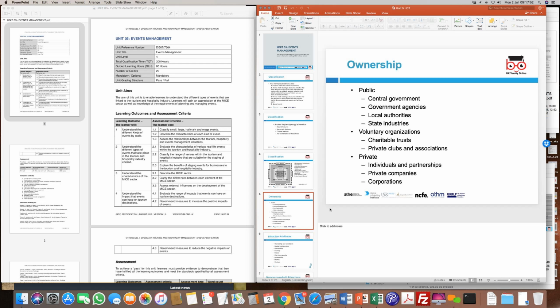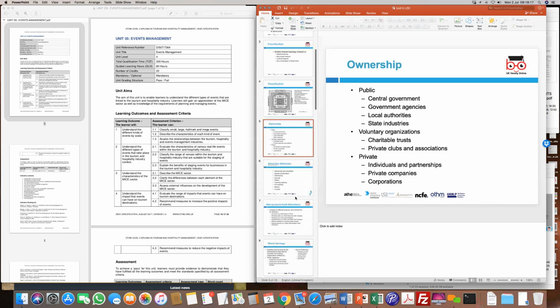Now, when you get private ownership, some of these are man-made structures created primarily for cultural and leisure purposes. And here, in some cases, if it's a large investment, it could be partnerships, individuals, private companies, and consortiums, but primarily for the reason of generating revenue.